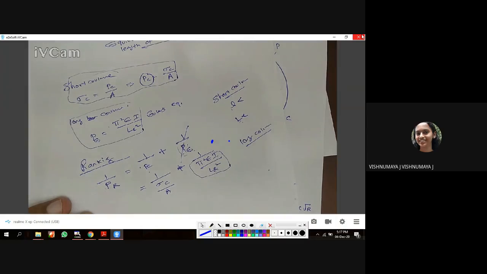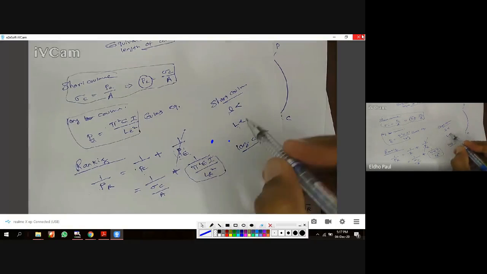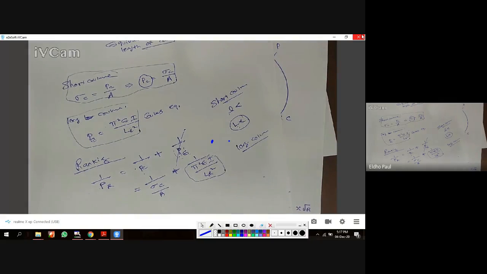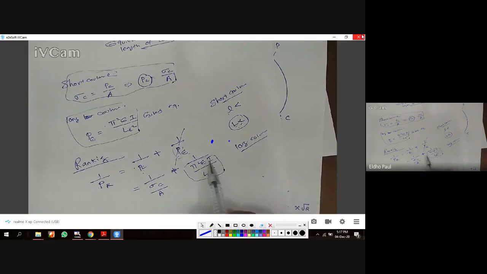For example, if we are using this equation for a short column, of course the length will be very small. If this length is very small, then in the term pi square EI by LE square, the length is small, and LE square is even smaller. So as the denominator gets smaller, this term gets bigger. The PE value will be bigger.